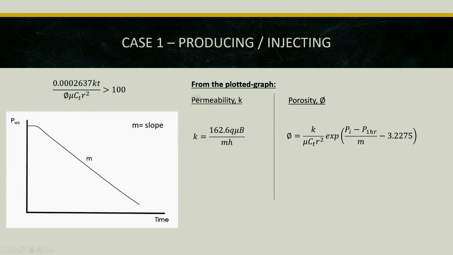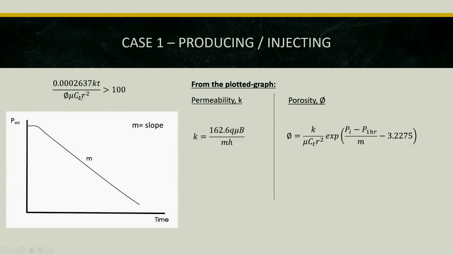Now we have all the values we need. We have the permeability, K, and the porosity. So we calculate the value of 0.0002637 times K times T over porosity times mu times Ct times R square.